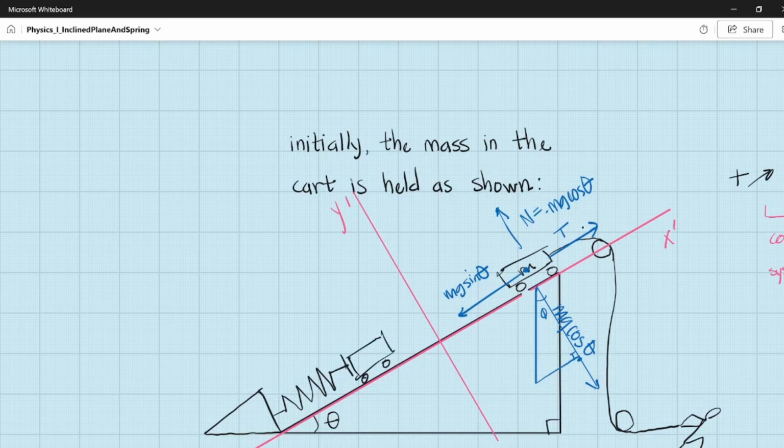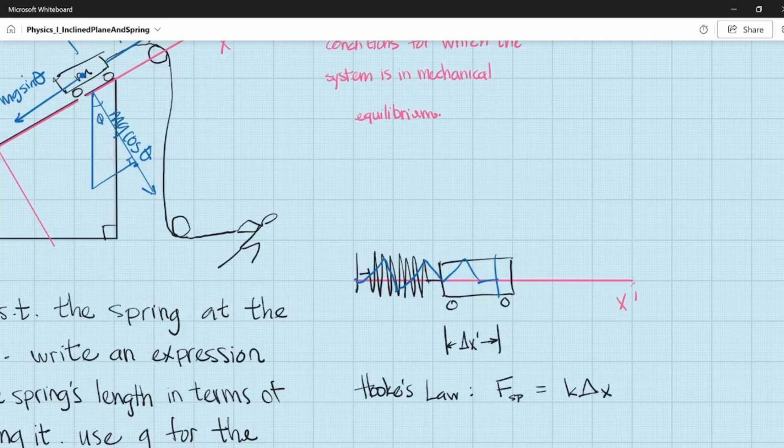So there will no longer be this tension force from the rope. What there will be, however, and I'll just draw it over here on our new diagram, is the force mg sine theta compressing the spring, and then the force from the spring pushing against the mass.